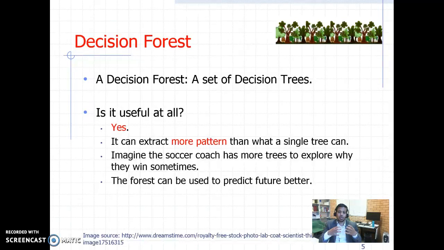It can give you almost like a 360-degree view of your dataset. More patterns can be revealed. That's advantage number 1. Advantage number 2 is generally when you build a careful or a sophisticated decision forest, then generally it also gets higher prediction accuracy than a single tree. Together, a forest can make better prediction.